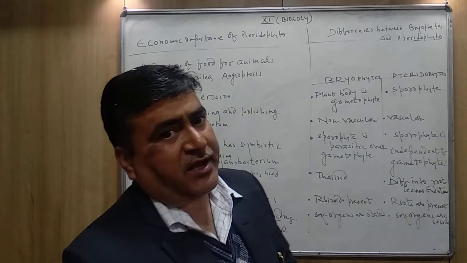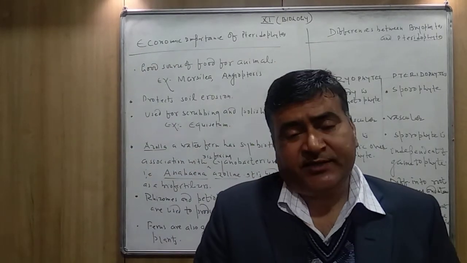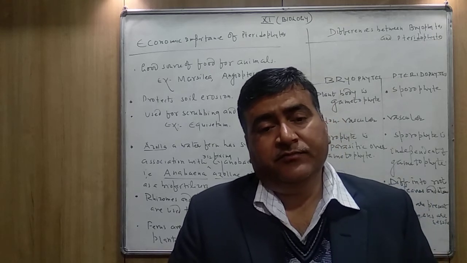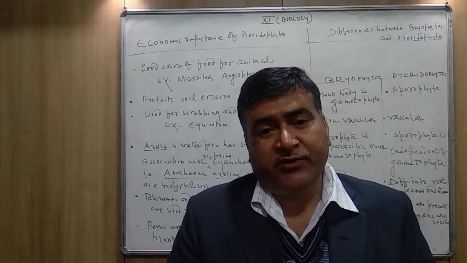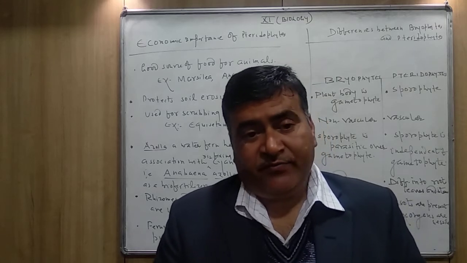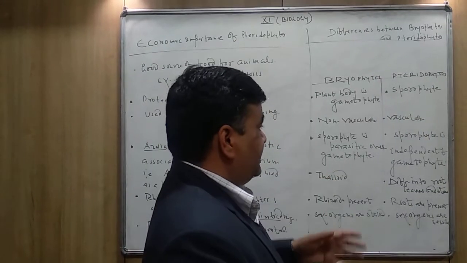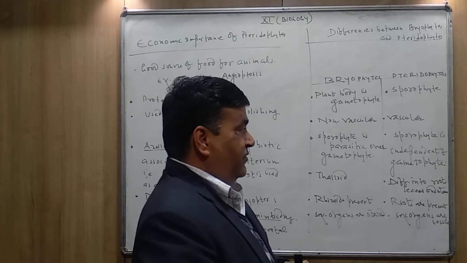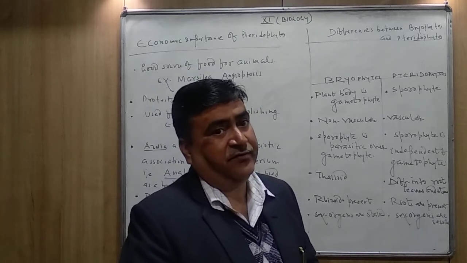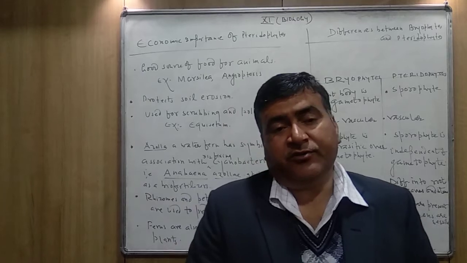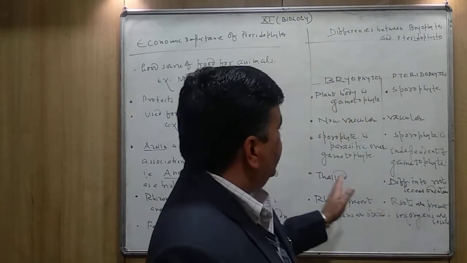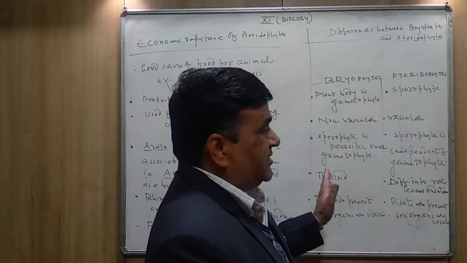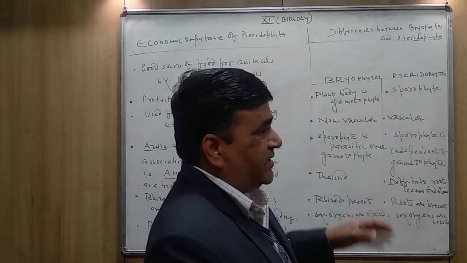The main plant body of the bryophyte is thalloid in nature, meaning the body is not differentiated into root, stem and leaf in bryophytes, but in pteridophytes the plant body is well differentiated into root, stem and leaf. So generally the plant body is thalloid, except, you can write here, except mosses.